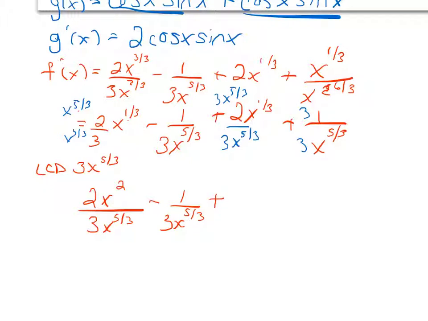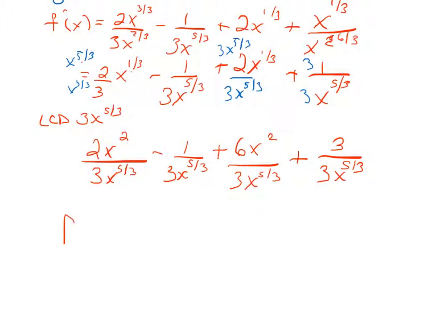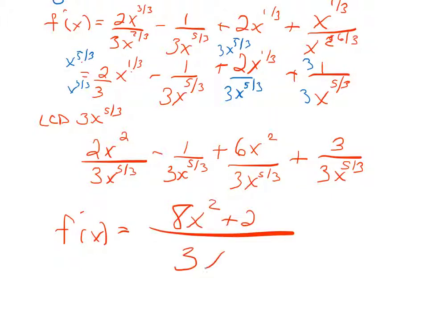My third term becomes 6x, again 5/3 plus 1/3 is 6/3, which is squared, over 3x to the 5/3, plus 3 over 3x to the 5/3. And now that they have the least common denominator, for my last step, I can say that my derivative in simplest form after using algebra is 8x squared plus 2 all over 3x to the 5/3. Okay, and that is your product rule.